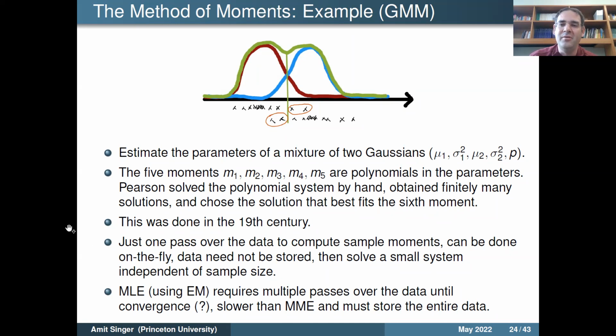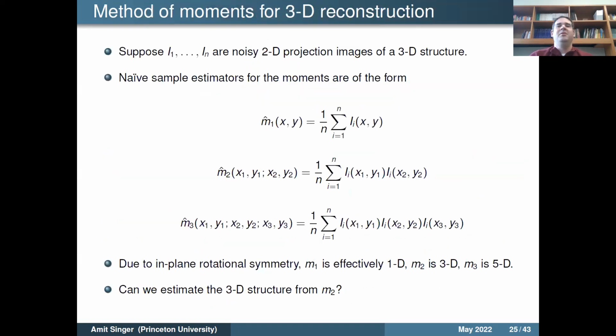All the computations can be done on the fly, one data point at a time. You just update the moments. Then at the end of the day, you just solve offline those 5 or 6 polynomial equations, independent of the number of measurements.